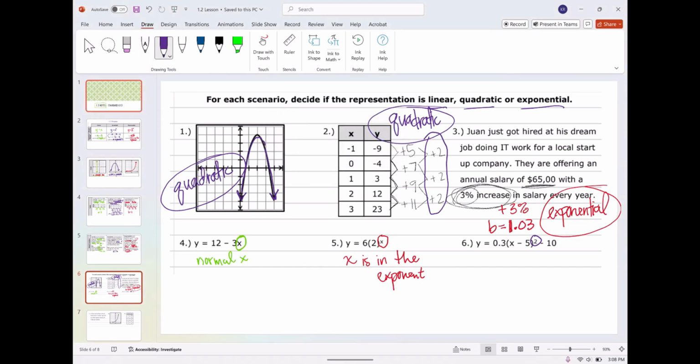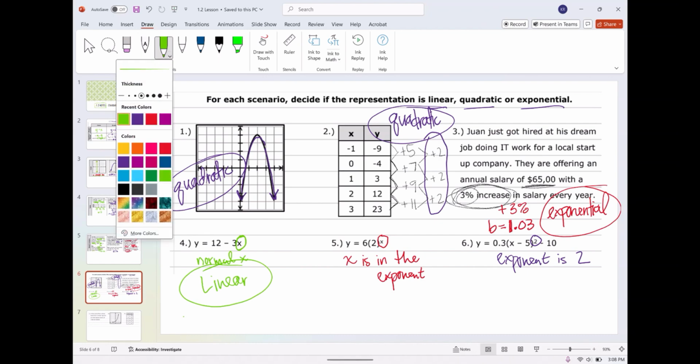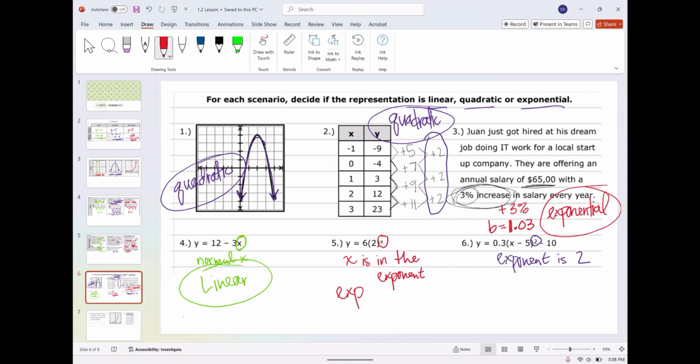All right, so hopefully you've had time to look at problems 4, 5, and 6. So number 4 looks like it's just a normal x. If there's just a normal x happening, then that is going to be linear. On number 5, if you look, x is in the power or the exponent, so that should give you a hint that this is going to be an exponential equation.